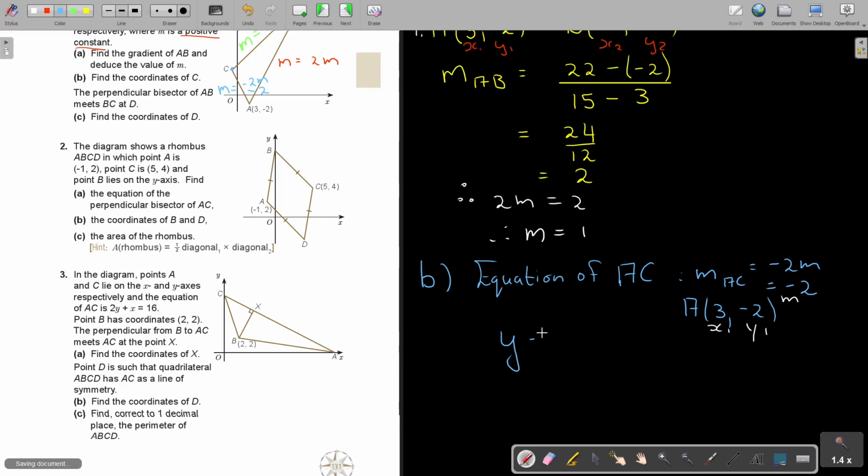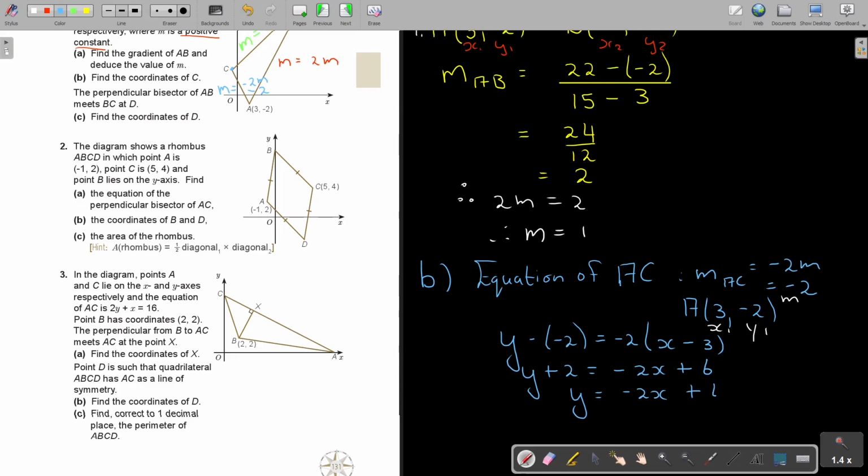So y minus negative 2 equals negative 2 times x minus 3. So it's y plus 2 equals negative 2x plus 6. So y is equal to negative 2x plus 4. And that's the equation of AC.